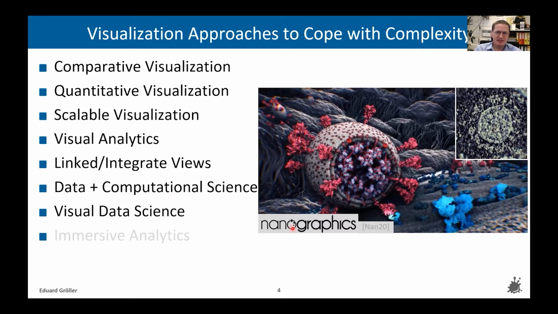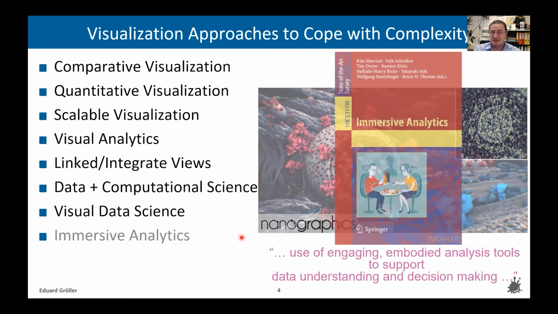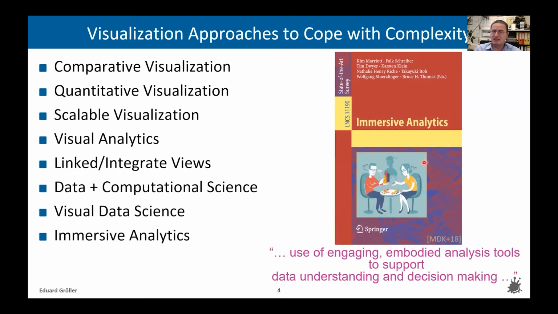And the last point or last subtopic I would like to point out is immersive analytics. This is a book that came out a couple of years ago, and it's about the use of engaging embodied analysis tools to support data understanding and decision making. So basically, a typical example would be an augmented reality, where you're moving around in a 3D scene.